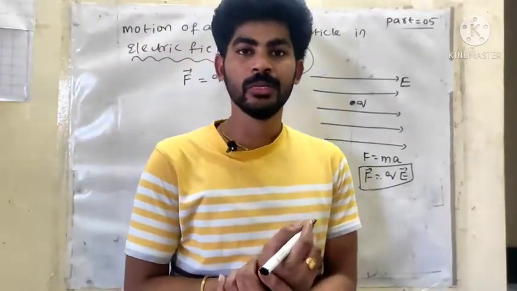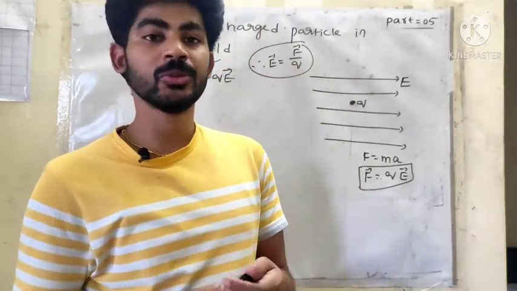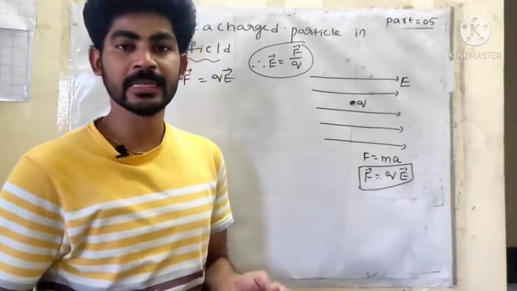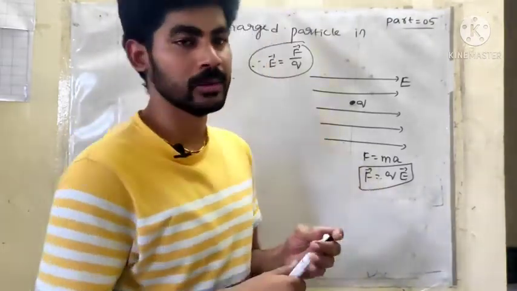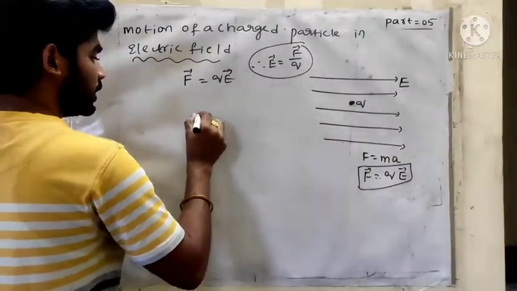So the electric field strength differs for positive charge and negative charge. Let us discuss the electric field for positive and negative charges. Suppose I am taking a positive point charge.